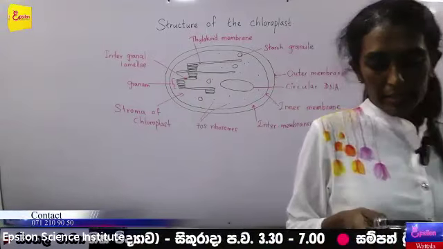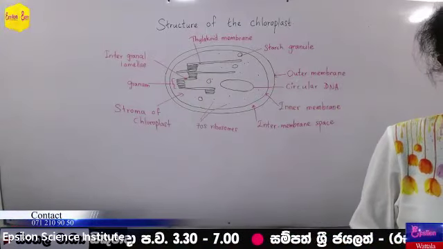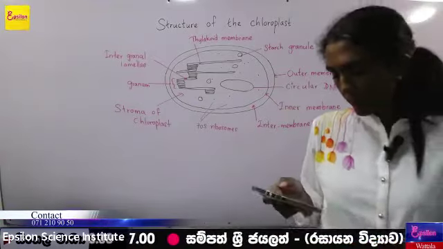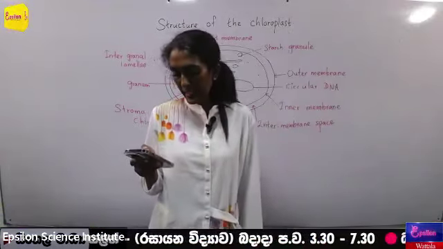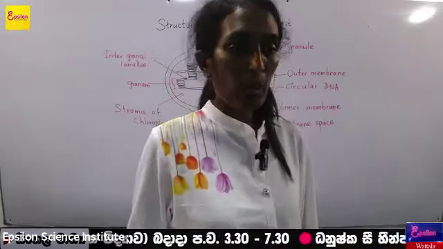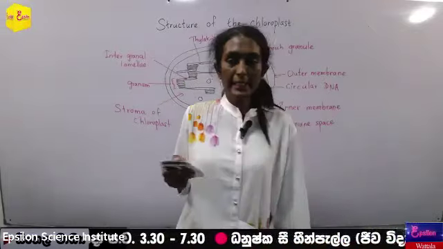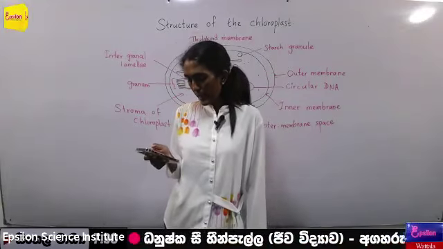This system consists of flattened and interconnected sacs called thylakoids.